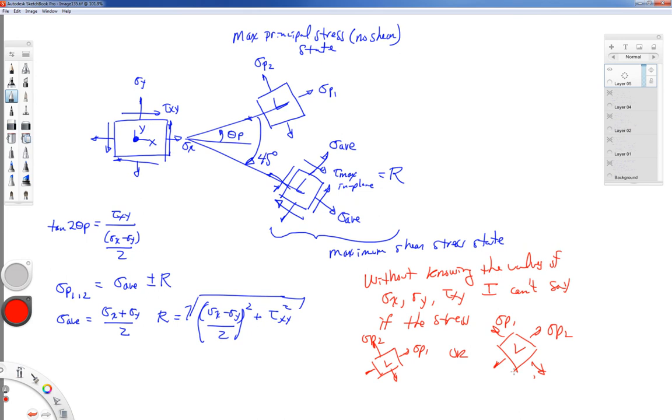This is a disadvantage of using these equations blindly. Everything will be much more clear in that regard when we do learn about Mohr's circle of stress.